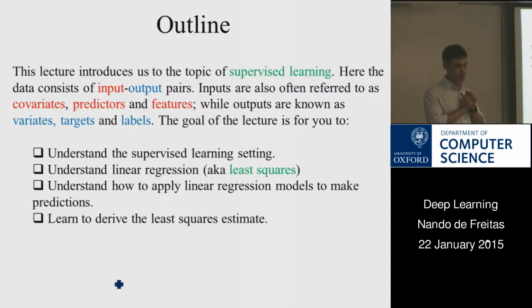Okay, so this class now, it's going back to some very basic statistics, and we're going to look at something called linear regression. And we're going to try to understand it, and this is essentially something that's also known as least squares. We're in the setting of what folks call supervised learning, in the sense that there are inputs and there are outputs.